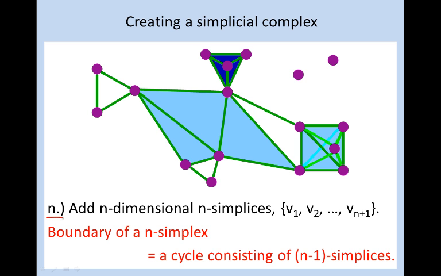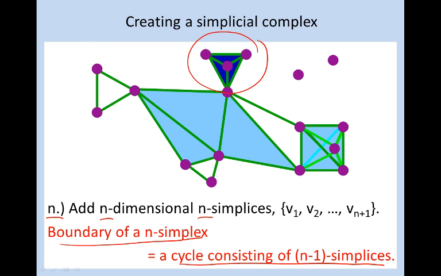And in step n, we add n-dimensional n simplices. But assuming that the boundary of the n-simplex, which is a sum of n-1 simplices, exists. In our example, the highest dimensional simplex that we have is a 3-simplex, this solid tetrahedron here.